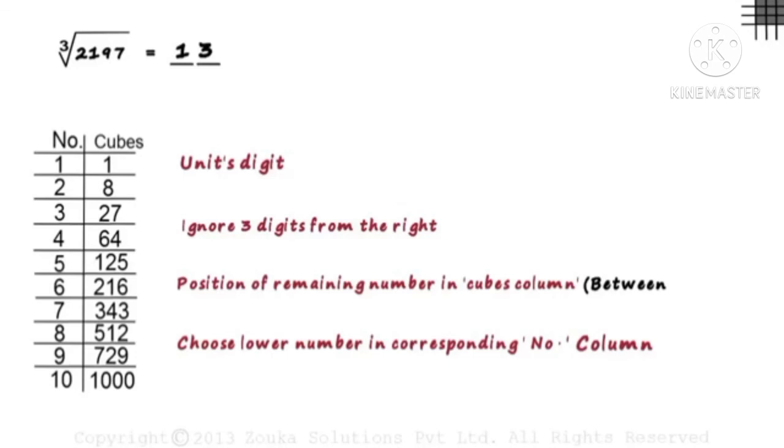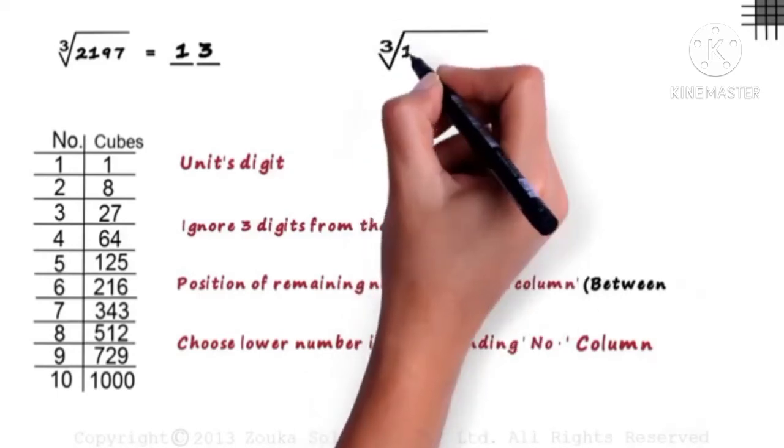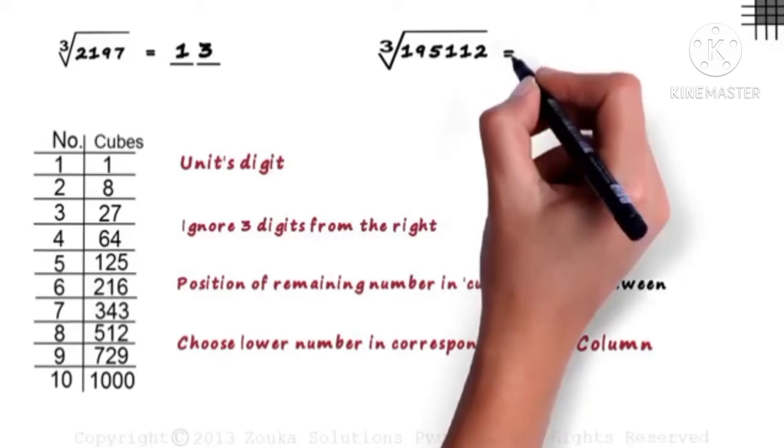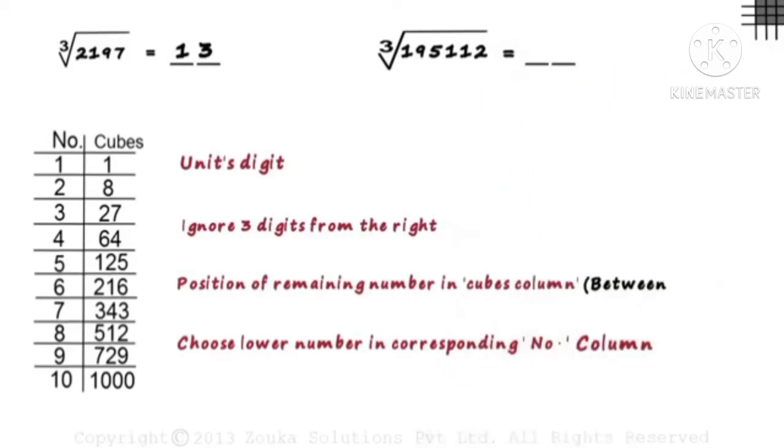Say we want to find the cube root of 195112. This number is 6 digits long and hence its cube root will be 2 digits long. Remember, cube roots of large numbers which have 4, 5 or 6 digits will always be 2 digits long.